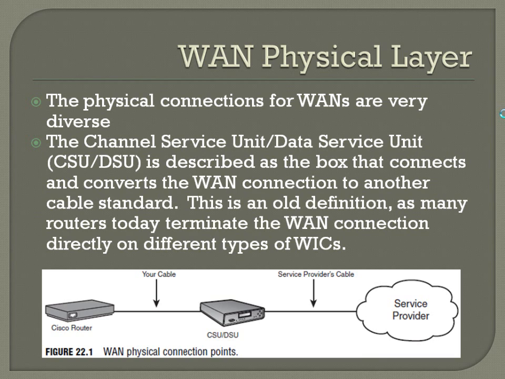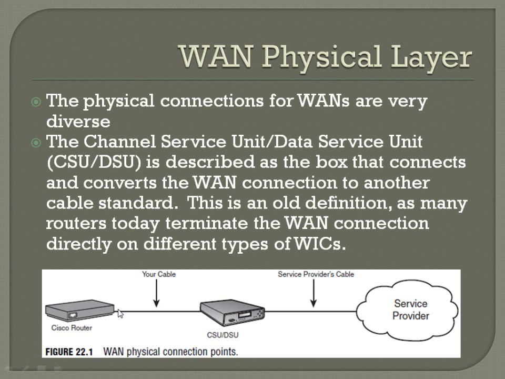This is an old definition, in my opinion, as many routers today terminate the WAN connection directly on different types of WICs. So for instance, if you had a dedicated line, in this example, you've got your service provider, you've got your T1 line coming in right here, you got that T1 terminating on the CSU/DSU, and then the CSU/DSU subsequently changes the cable type over and connects directly to your Cisco router.